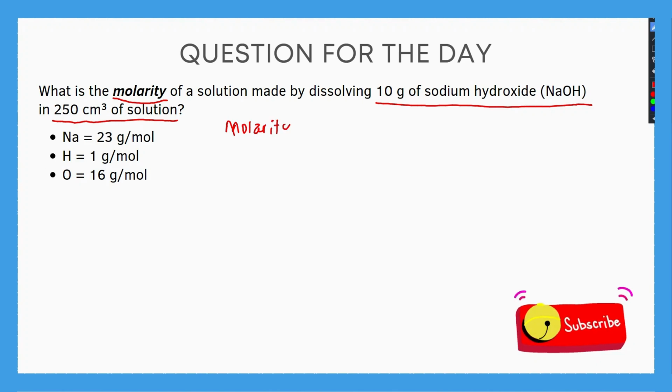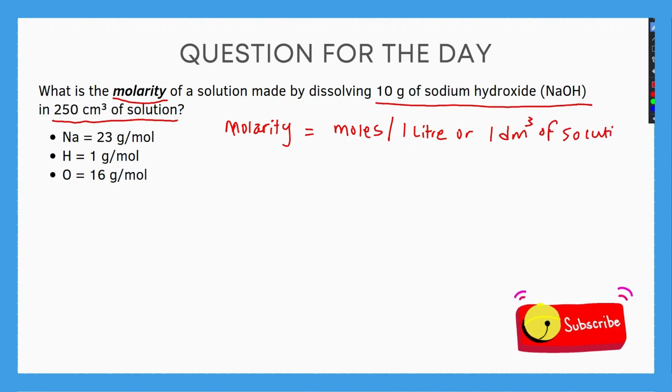Now, what is molarity? Molarity is simply the concentration of a solution measured in the number of moles that is contained in 1 liter or 1 decimeter cube. Some people call it dm cube of a solution.